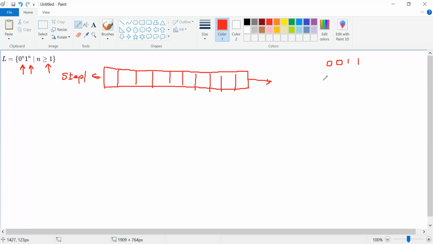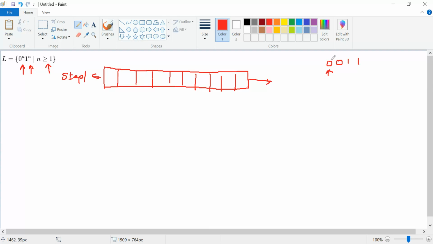When it starts from the leftmost symbol, when it sees this zero, there should be a matching one corresponding to it. So we have to search for that one first.